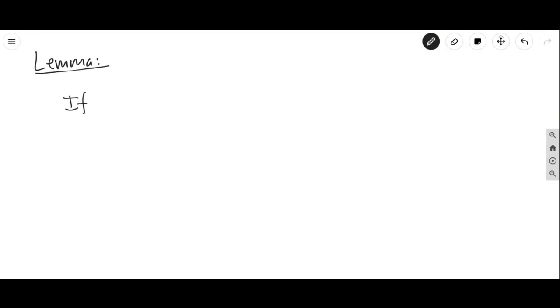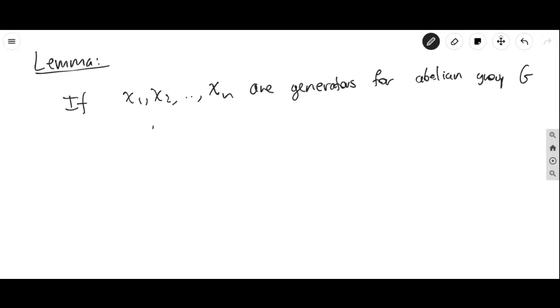And it's this: if you have a collection of generators for an abelian group G, then you can multiply one of them by a negative sign, and they still generate.